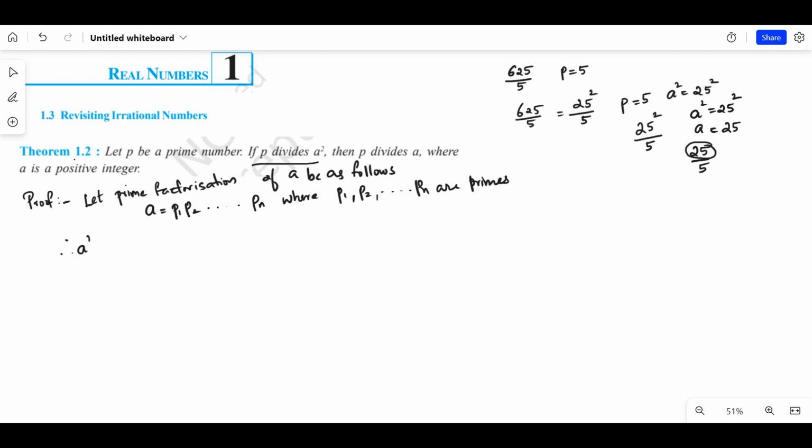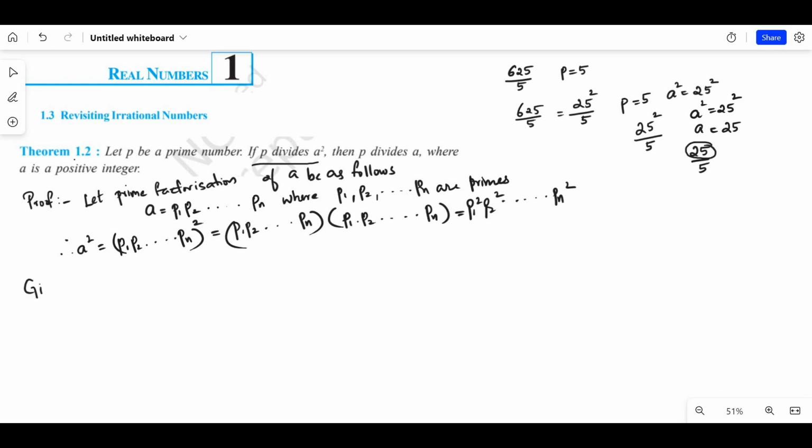Therefore, A square is equal to P1 times P2 times etc. Pn the whole square, which can be written as P1 times P2 times etc. Pn times P1 times P2 times etc. Pn, which gives P1 square times P2 square etc. Pn square.